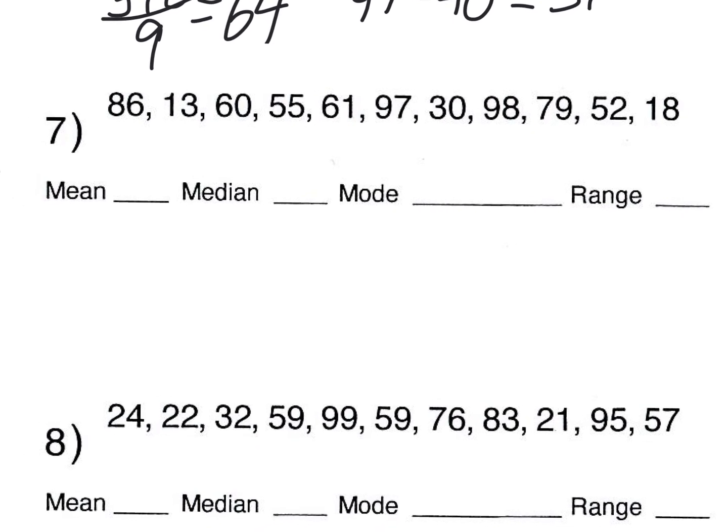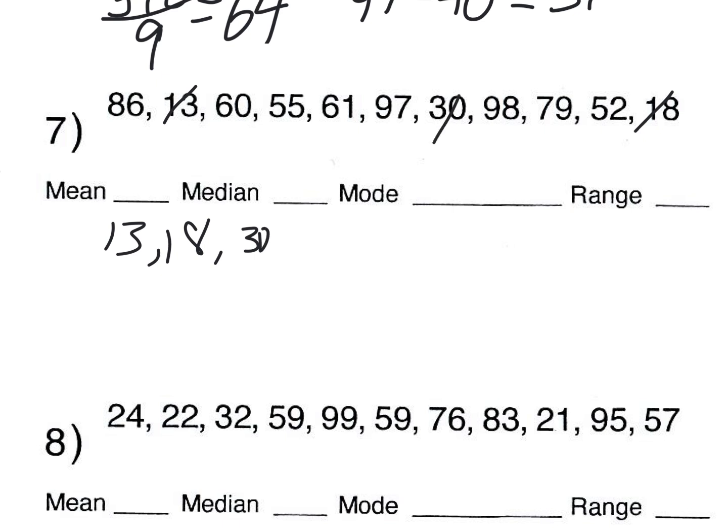Next set of data, we have a 13, 18, 18, next highest is 30. Sometimes this is the hardest part, getting them in order.